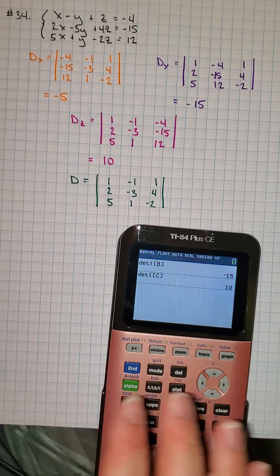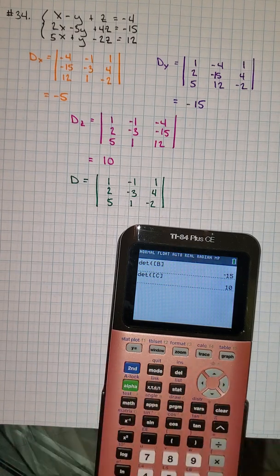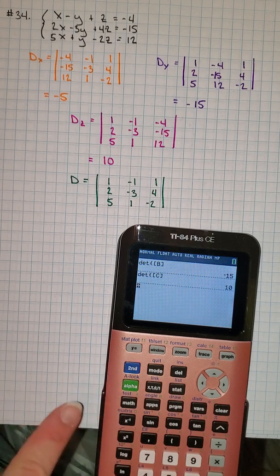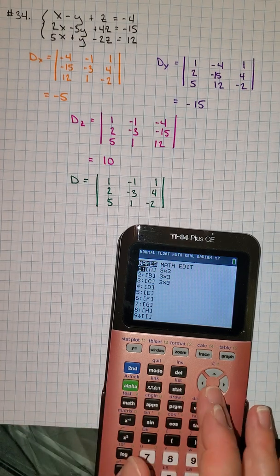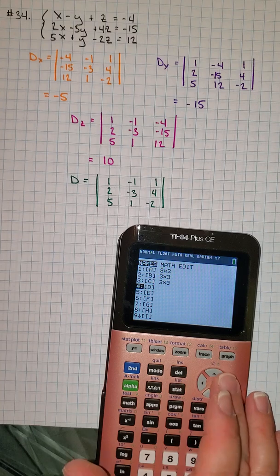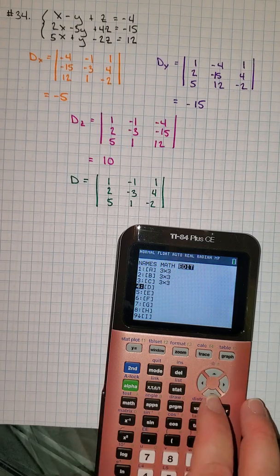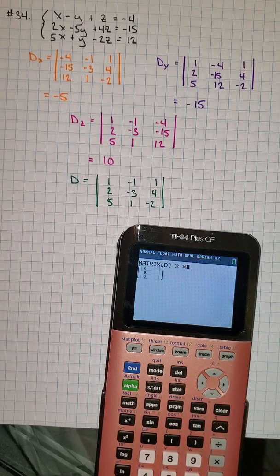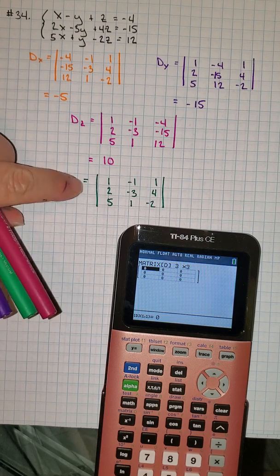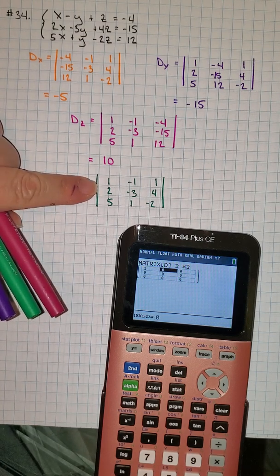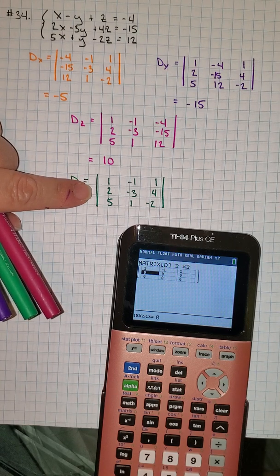Honestly, it's probably easier to reduce row echelon form for 3 by 3, even when you're using your calculator. This is definitely more efficient for 2 by 2s. Oops, I have to edit first. Putting in a 3 by 3. Still good to know your options.